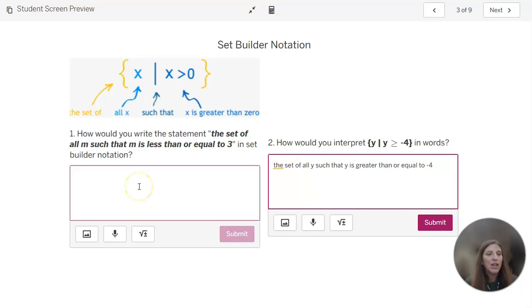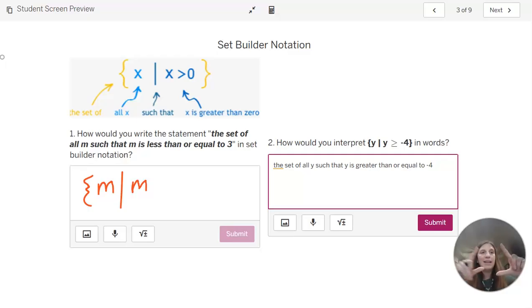All right, so now let's go in reverse here. I'm going to go ahead and write this because I think it's easier to write than to type. So the set of all m such that m is less than or equal to 3. We know we need our squiggly brackets. I cannot draw those. We know our letter is m, the set of all m such that m is less than or equal to 3.